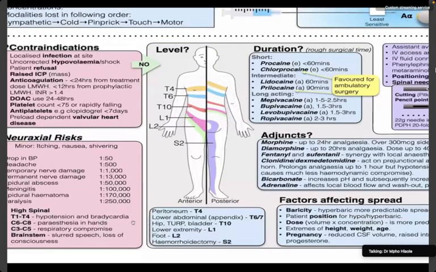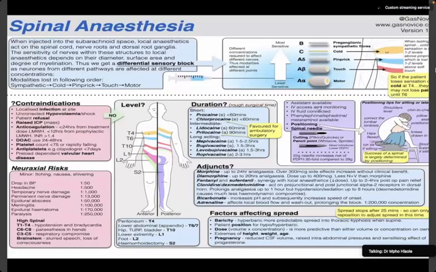It gives you information about the nerves as well. What I explained about the nerves, you can see that it says the most sensitive are the B fibers, which are your sympathetic fibers, and your least sensitive are your motor fibers.